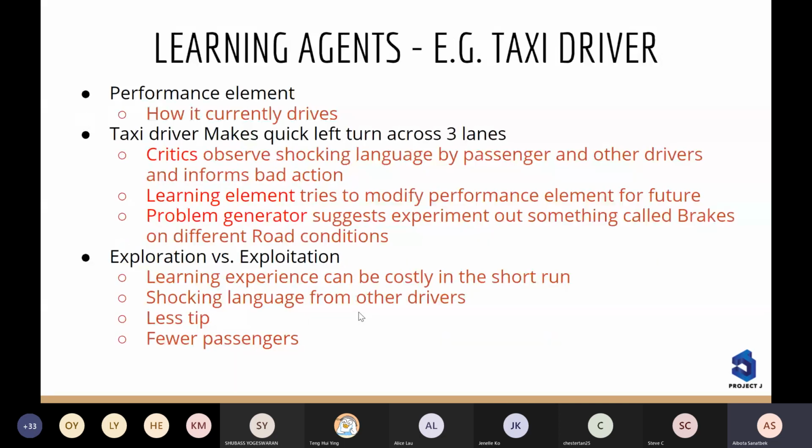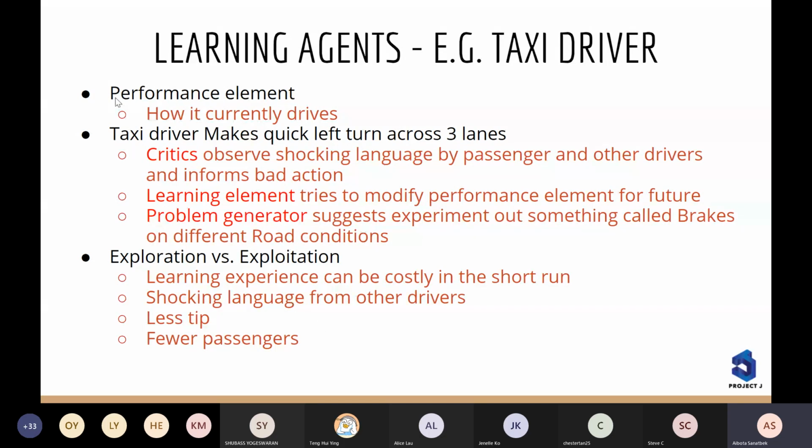Okay, so here we have an example of a taxi driver as a learning agent. If the taxi driver was a learning agent, right? Let's say it doesn't know anything about its environment initially, but it desires to improve its performance through learning.